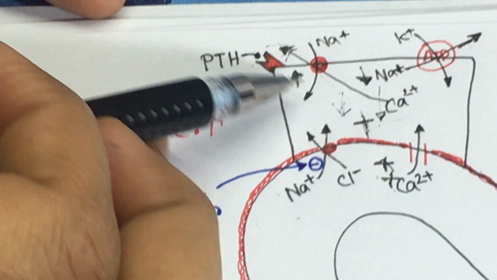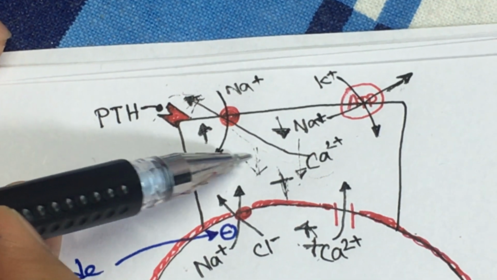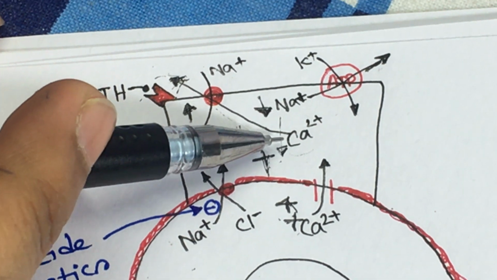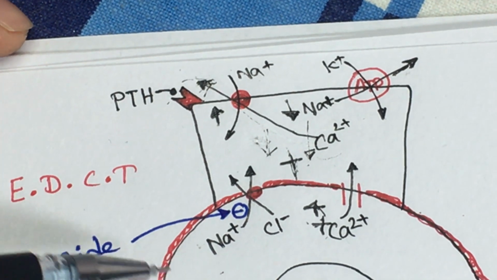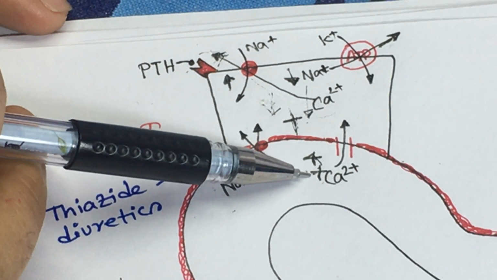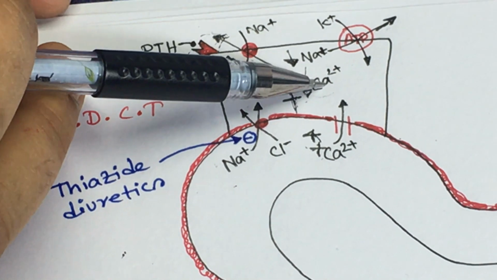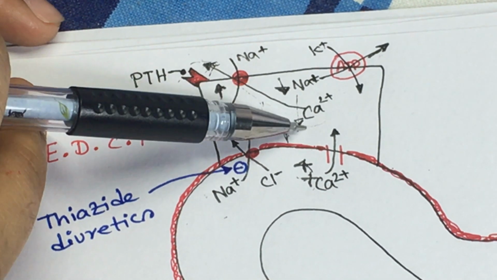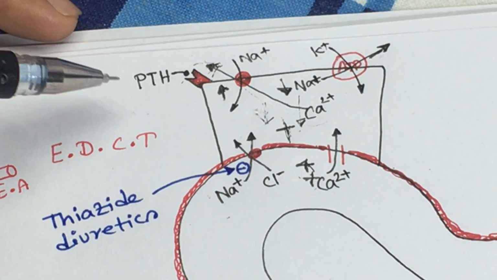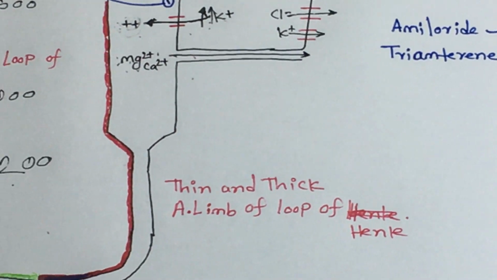So if we increase its activity, intracellular calcium level will be too low, because now calcium is being reabsorbed into the blood. So the concentration difference will be increased. From the luminal area, from the high concentration, calcium will come inside of the cell where calcium concentration is too low, and this has been done by this parathyroid hormone.